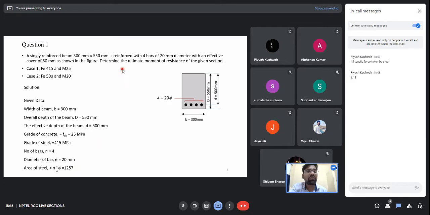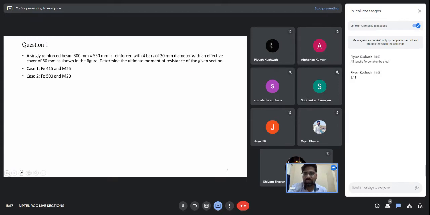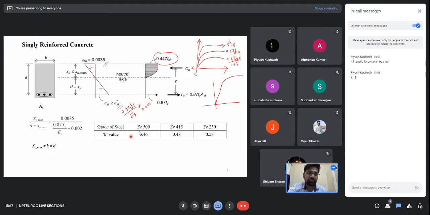What we have to do is determine the ultimate moment of resistance. So how will we do it? We can calculate it easily from the stress profile. We will calculate the Cu value and multiply it by the lever arm, and Cu into lever arm will give us the ultimate moment of resistance.